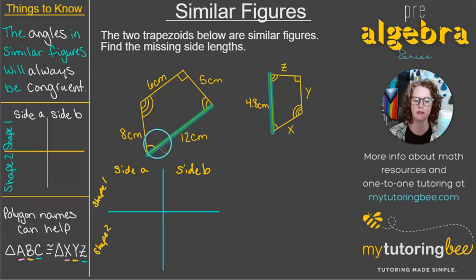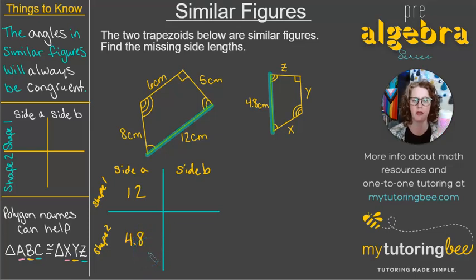So we'll call this side A of shape 1, right? This is our first shape, and then this is our first side length that we're talking about. So side A is going to go right here with a 12. All right, and then on shape 2, that same side length that is similar, we're going to call that side A for shape 2. So that's where the 4.8 goes.